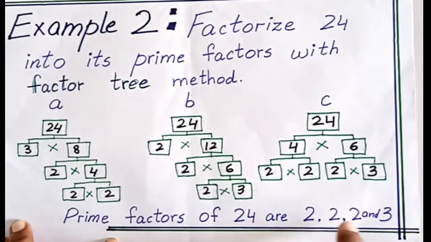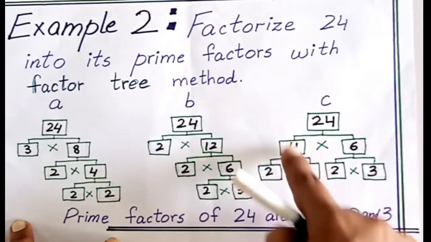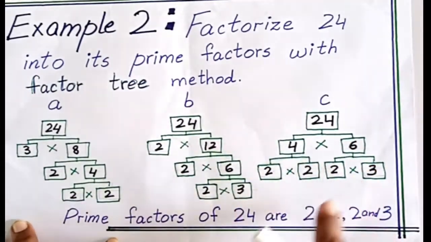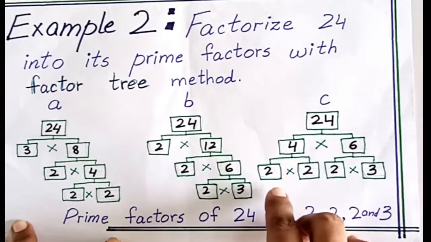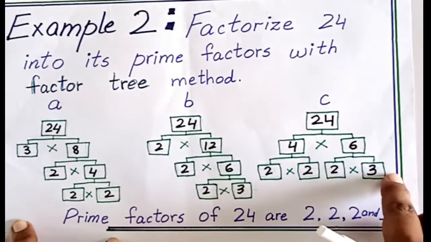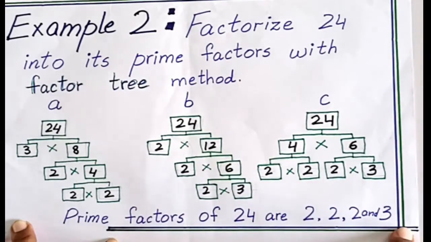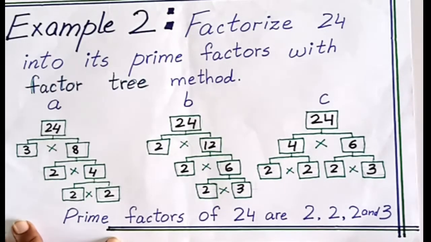Factorizing 24 with 4 and 6, the answer again comes the same. So with this example you understand that you can factorize the number with any pair, but the answer would always be the same.